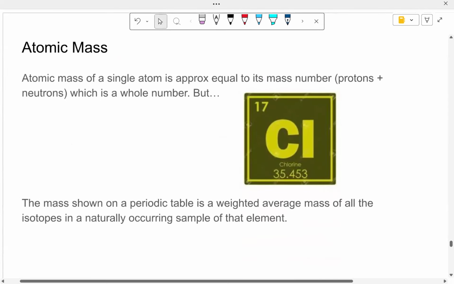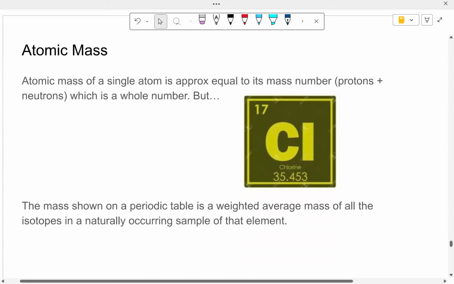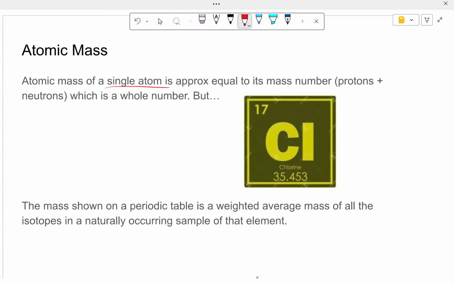Now, let's get to that weird decimal number that you find under each element of the periodic table that I refer to as average atomic mass. And I kind of highlighted where those numbers are coming from. Because the atomic mass of a single atom is approximately equal to its mass number.